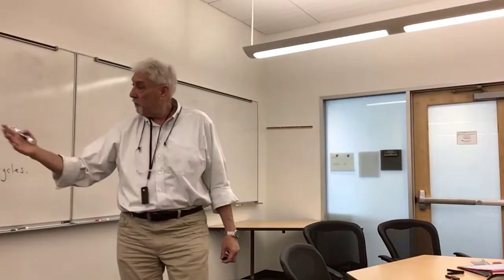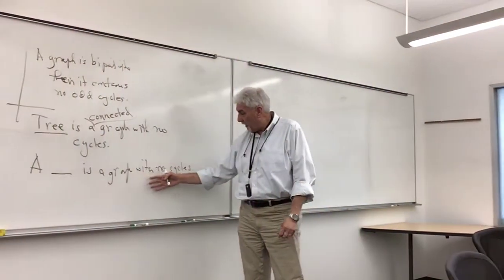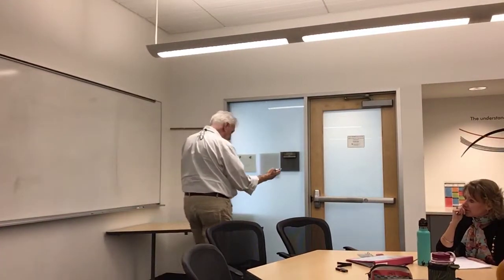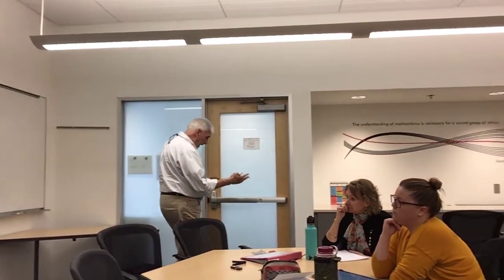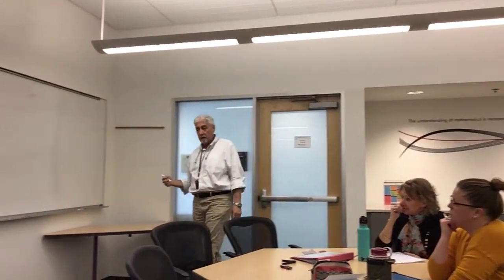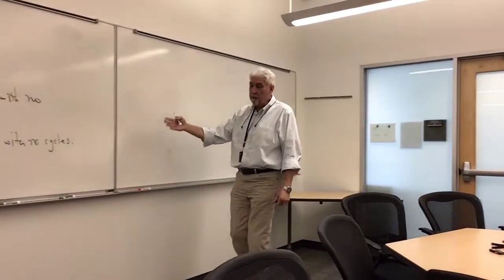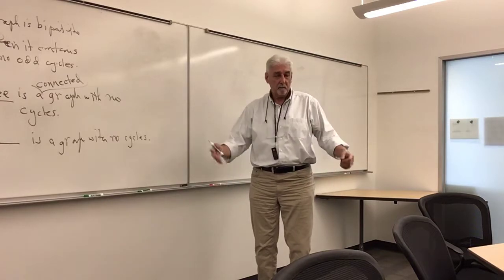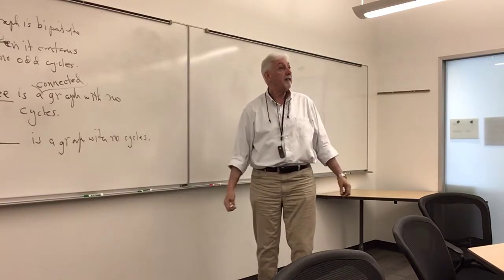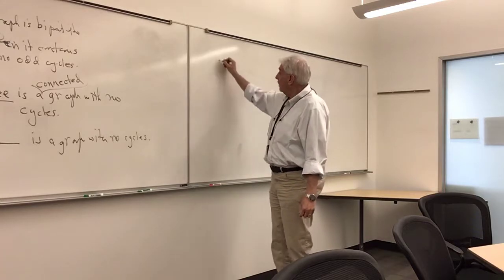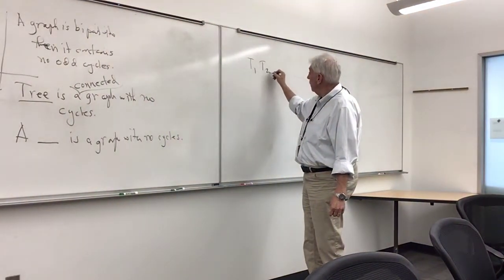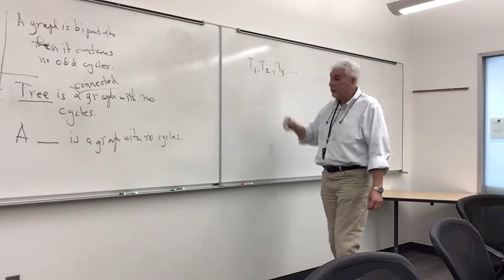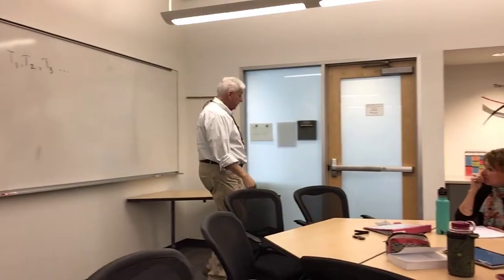One more time. A connected graph that has no cycles is a tree. So if I drop connected, then what must this graph look like? Multiple trees. More trees. I don't know how many there are, so it's a union of trees.